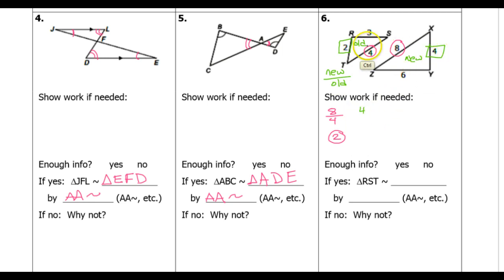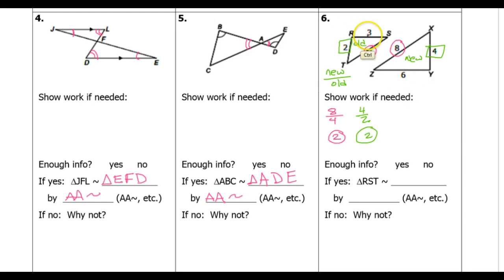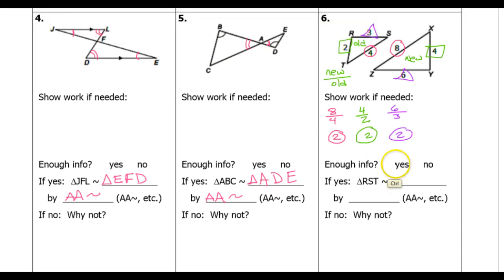So 4 over 2, and that's going to be 2. So it's looking good so far. And then that just leaves the 6 and the 3 to be corresponding. And of course, that also makes 2. So we do have 3 pairs of sides that are proportional. So these will be similar by the side-side-side similarity postulate.